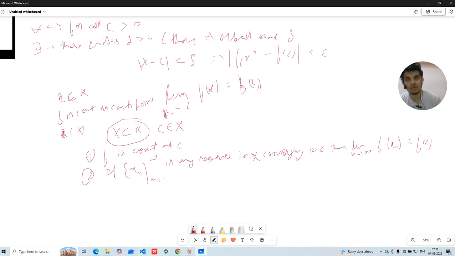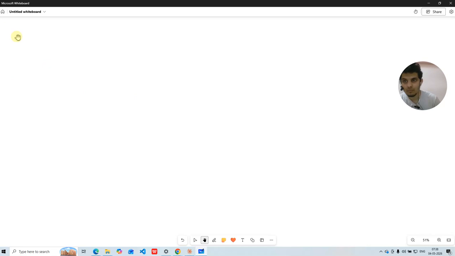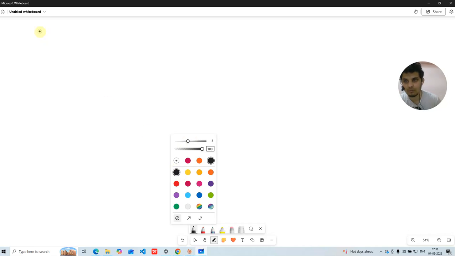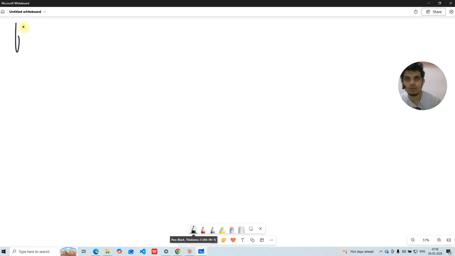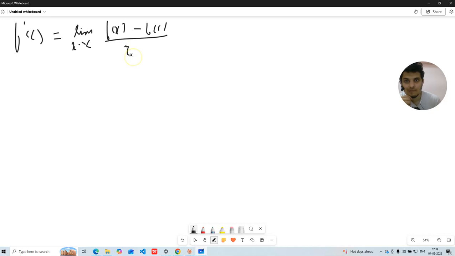A function f defined on an open interval I containing c is differentiable at c if f'(c) is equal to the limit as x tends to c of (f(x) minus f(c)) divided by (x minus c) exists.